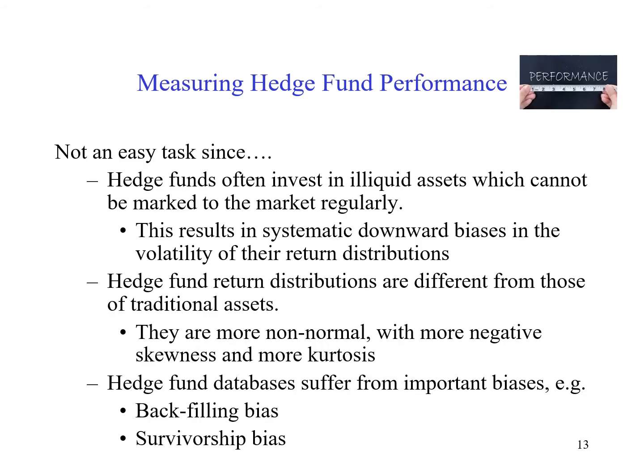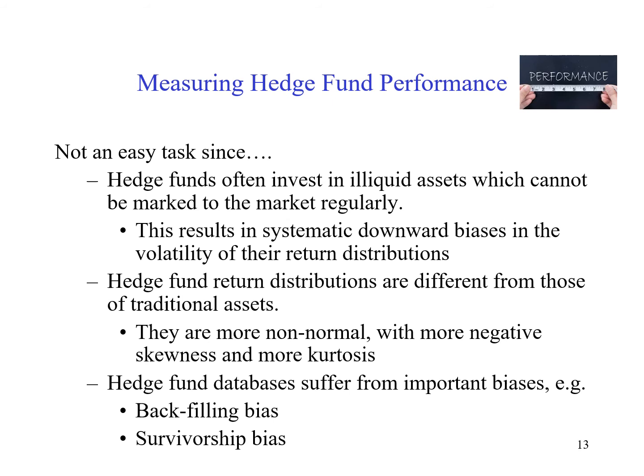Measuring hedge funds' performance is not an easy task for three reasons. First, hedge funds often invest in illiquid assets which cannot be marked to the market regularly. This results in systematic downward bias in the volatility of their return distribution. The true underlying volatility is much higher.